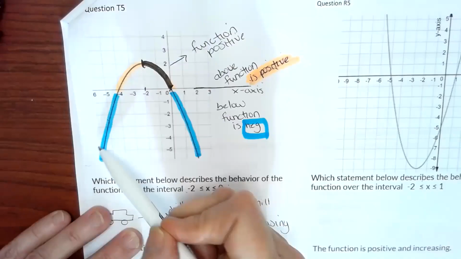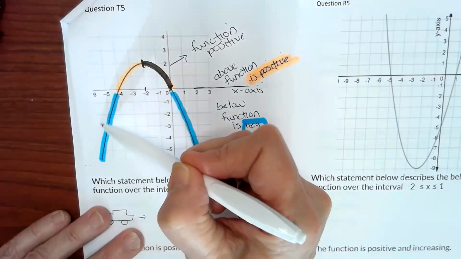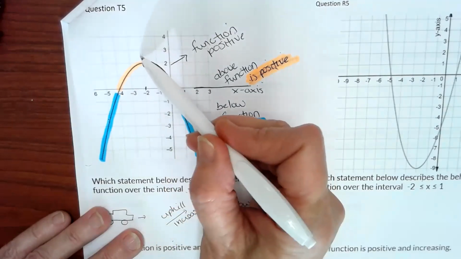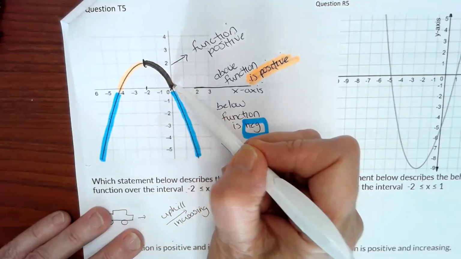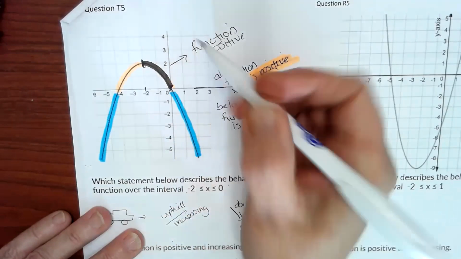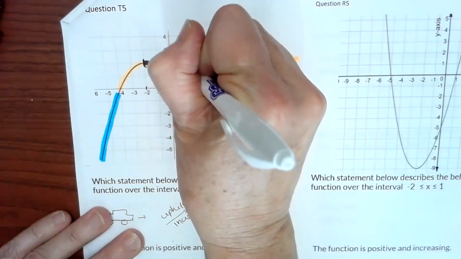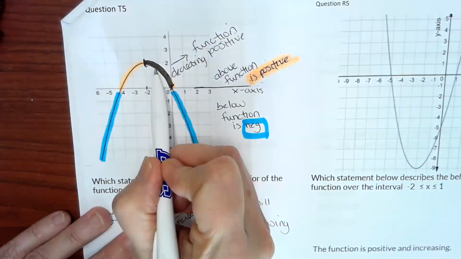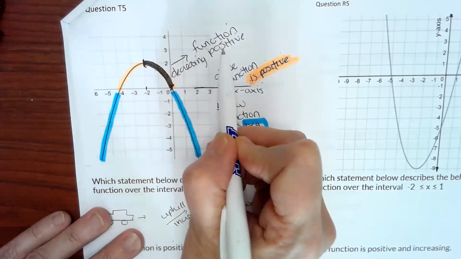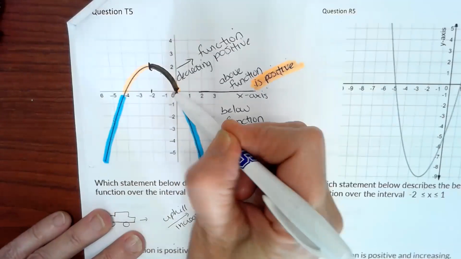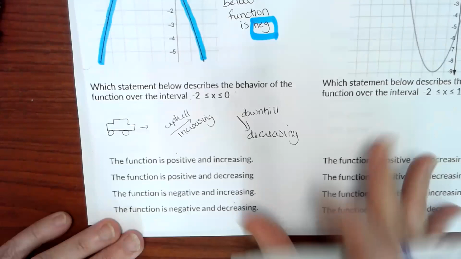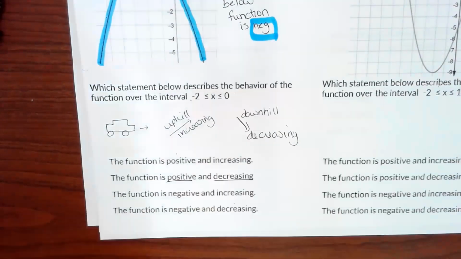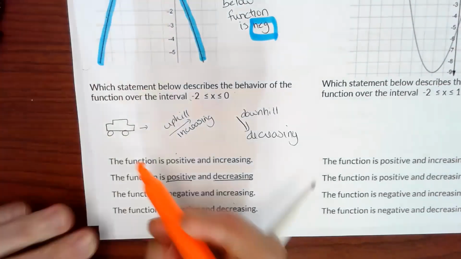But when I'm driving in a car from the left, I go uphill, so this is increasing. But once I hit this point, I begin to go downhill, so this is decreasing. So above the x-axis means the function is positive, but I am driving downhill, so it is decreasing. So function is positive. I'm driving downhill, it is decreasing. So here is the correct answer.